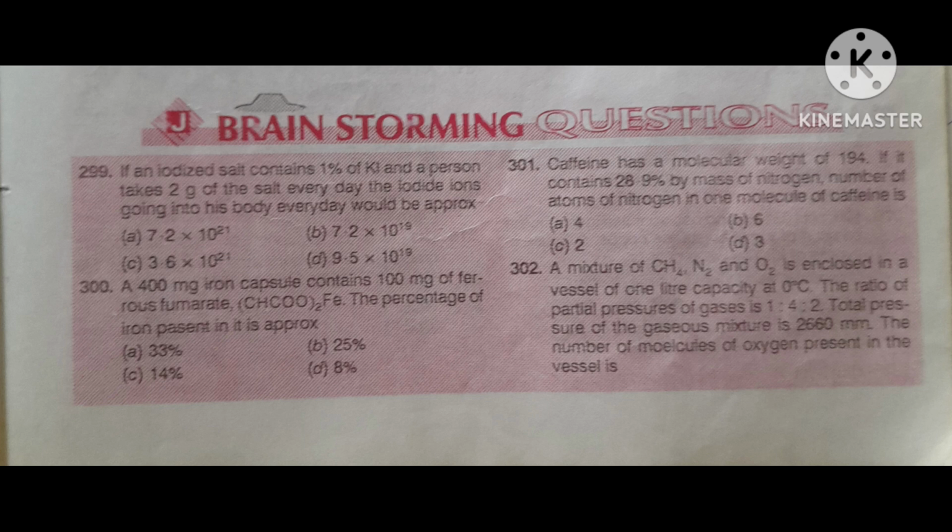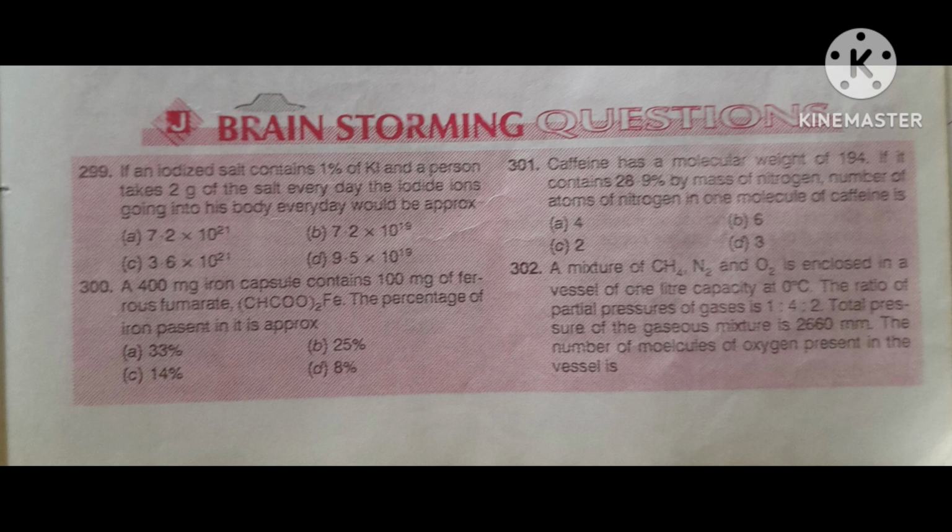How will we convert? The molecular mass of potassium iodide is 39 plus 127, where K is 39 and I is 127. This is the molecular mass.